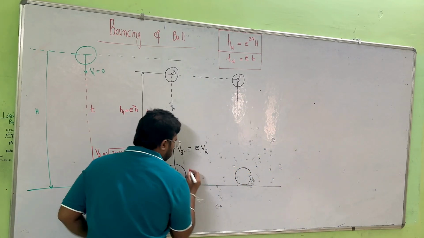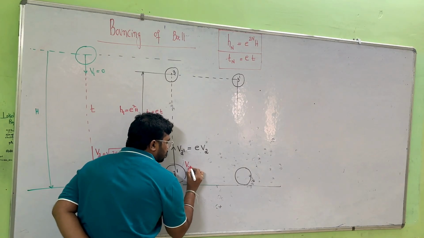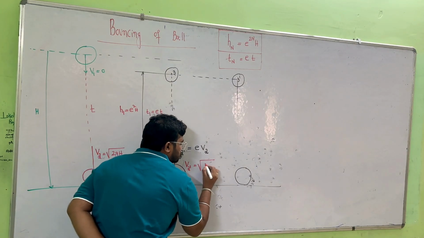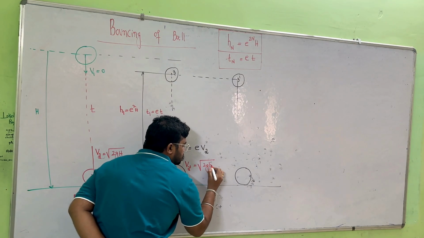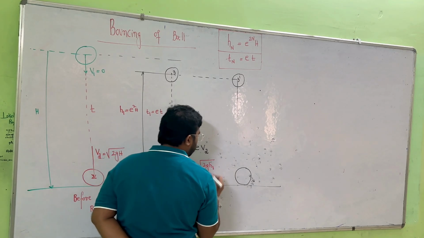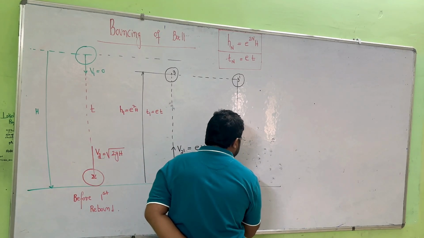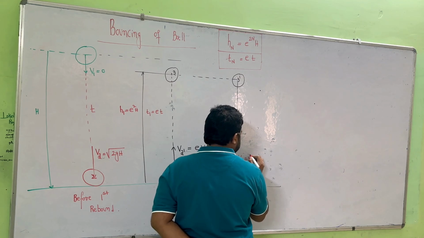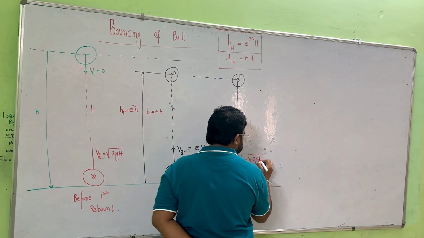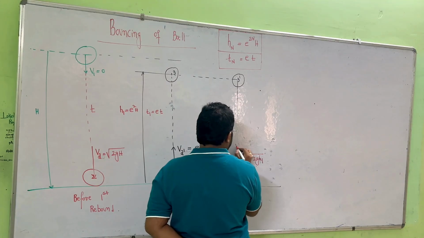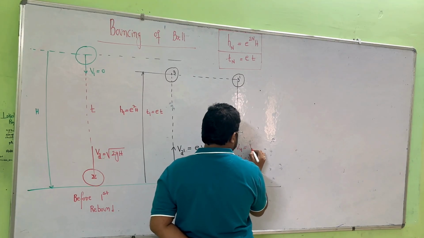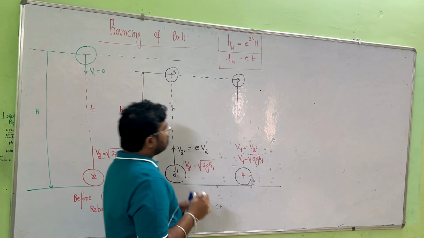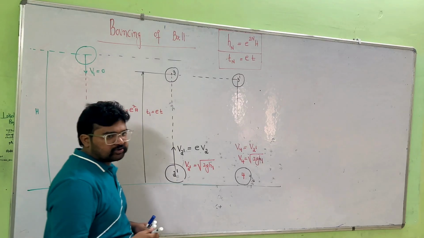V2 dash can be written as square root of 2gH1. So it is coming up to here, 3 to 4. V4 is also the same, square root of 2gH1. Then V4 equals V2 dash.